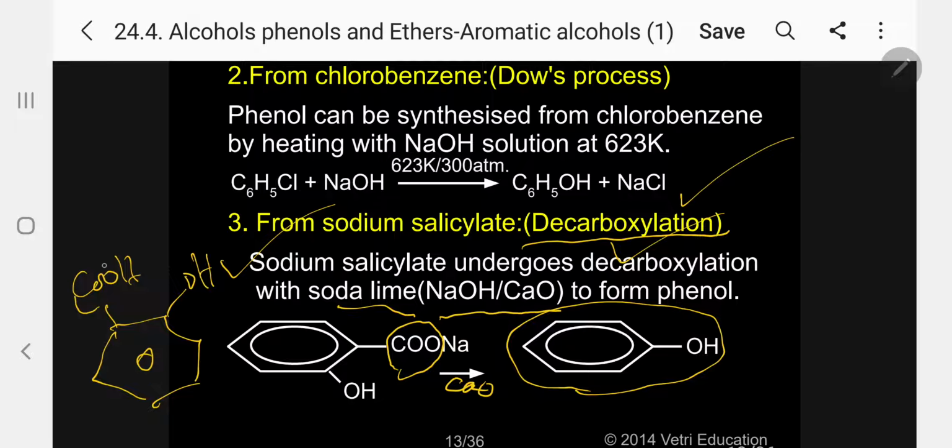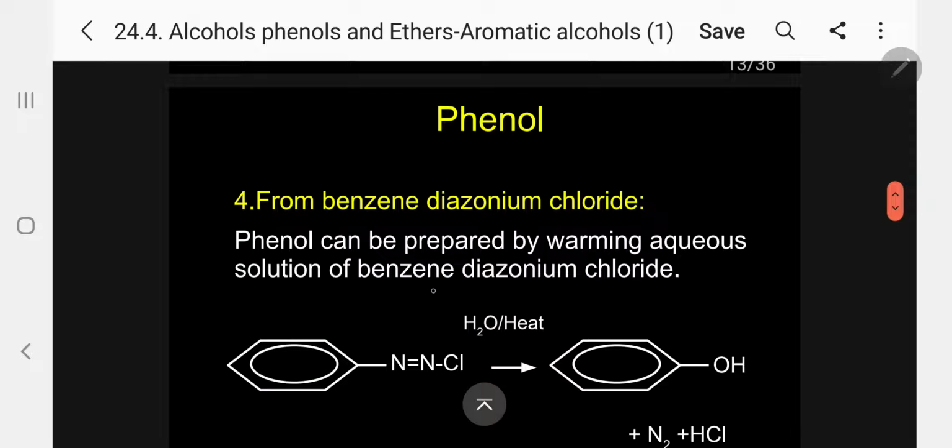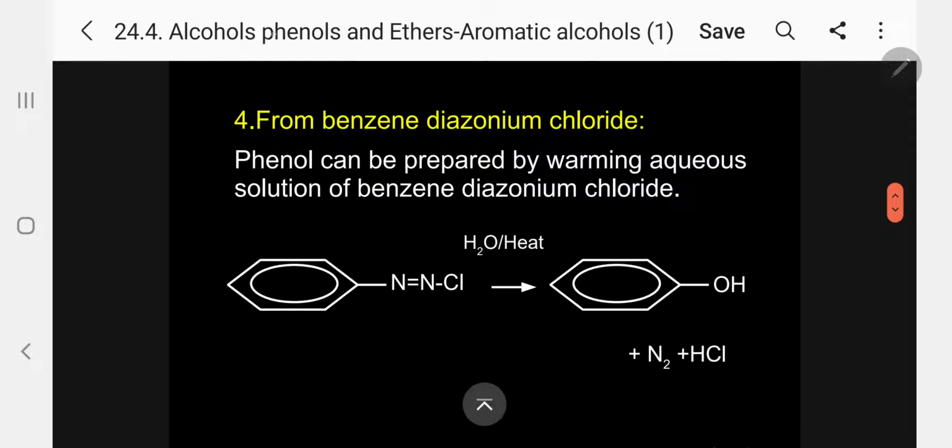Carbon dioxide is escaping now, so this H will come here, producing phenol. So from sodium salicylate or salicylic acid, decarboxylation with sodium hydroxide and calcium oxide, phenol is formed. Then the fourth method, another important method, is from benzene diazonium chloride.